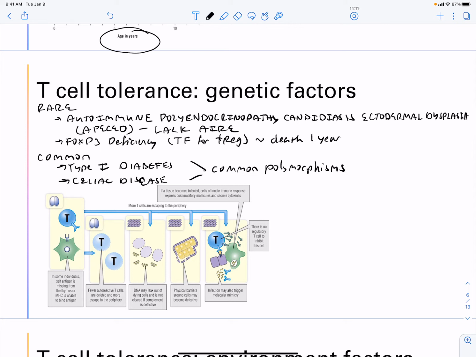Now, for type 1 diabetes, genetic influence can be in two different ways. The first is that the amount of insulin expressed in the thymus can be different depending on the genetics.